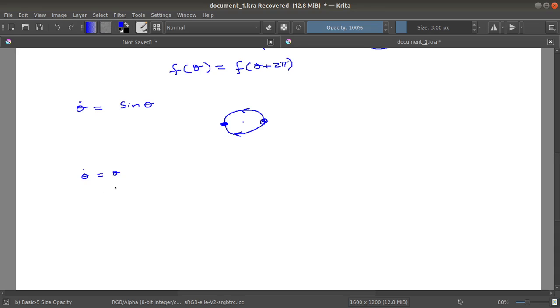Now, is this system a flow on the circle? Actually no, because let's plot it.